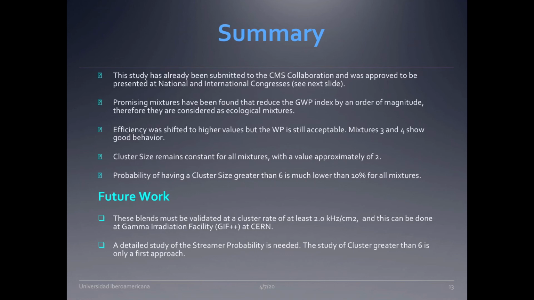For future work, this blend must be validated at a cluster rate of at least 2 kHz per square centimeter. This can be done at GIF++ at CERN. A detailed study of streamer probability is needed. The study of cluster size greater than 6 is only a first approach.